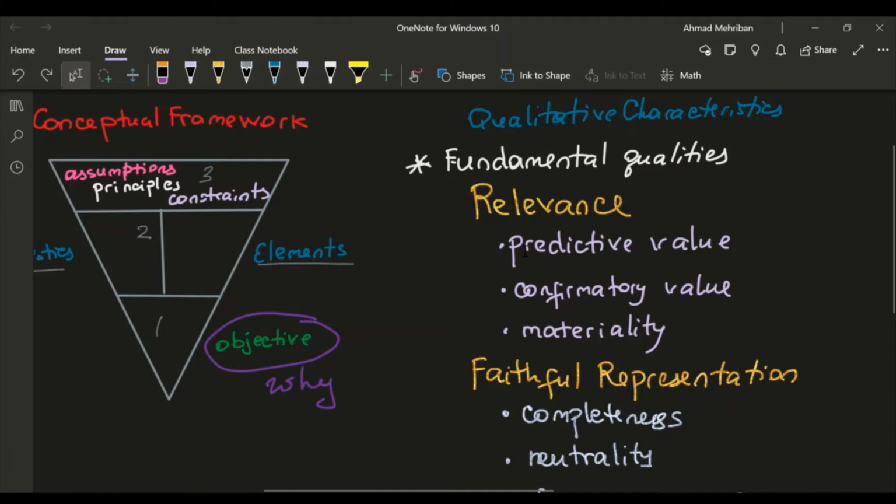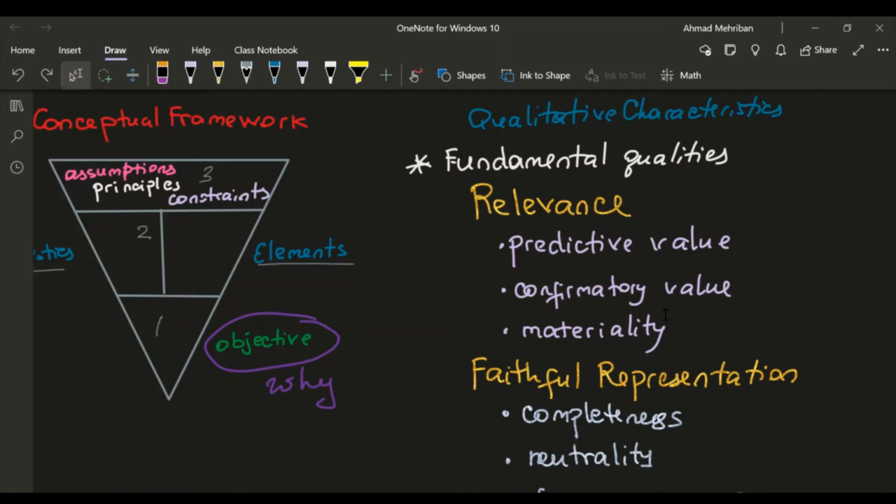and there are three characteristics that allow the information to be relevant. The first one is predictive value. The predictive value, simply put, allows the information to provide certain predictions for the investors. Confirmatory value allows that information to confirm prior expectations.